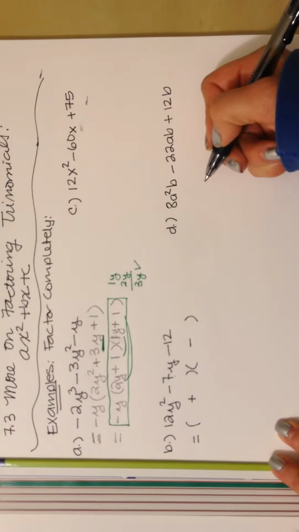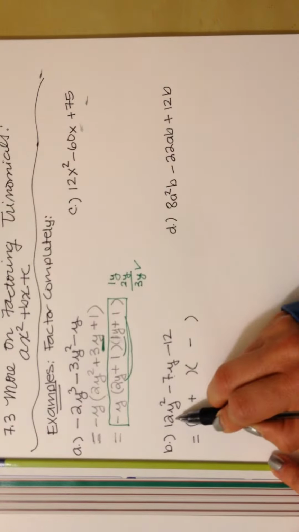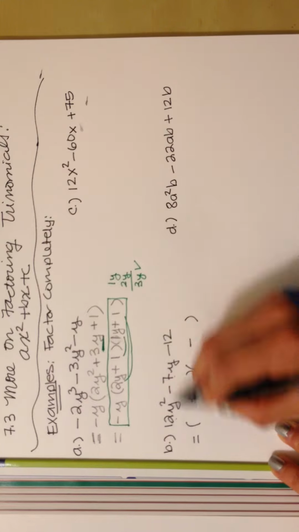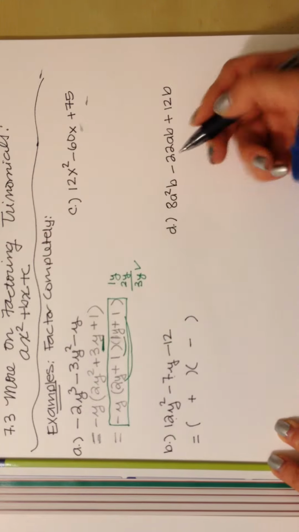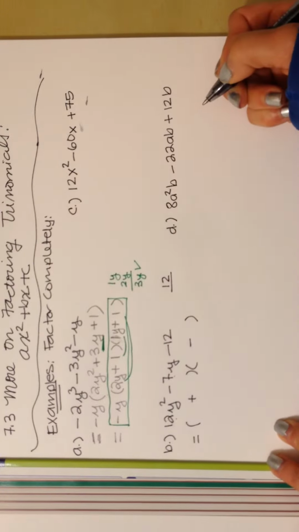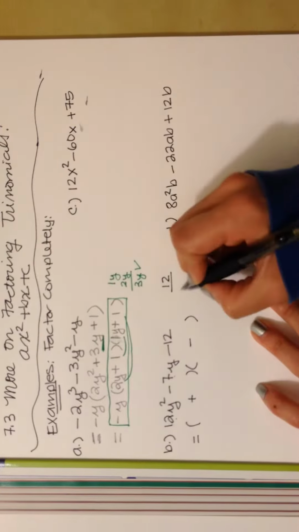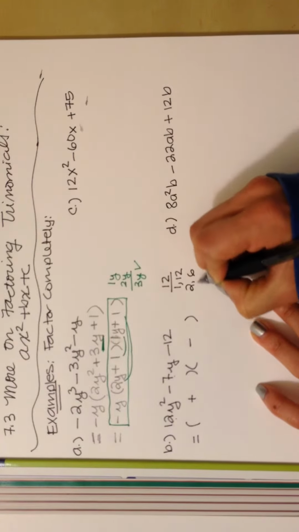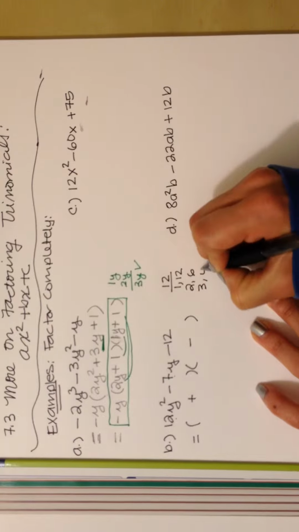And then now we have to look at factors of the first term, factors of the last term. In this case, these numbers are the same, but let's write down the factors here. So for 12, and I like to write my factors in order so I don't miss anything. We have 1 and 12, we have 2 and 6, and we have 3 and 4.